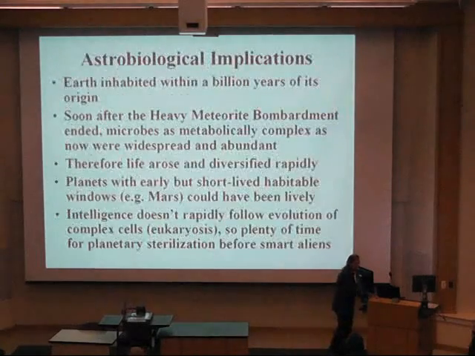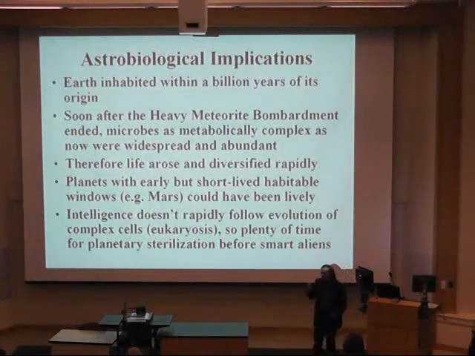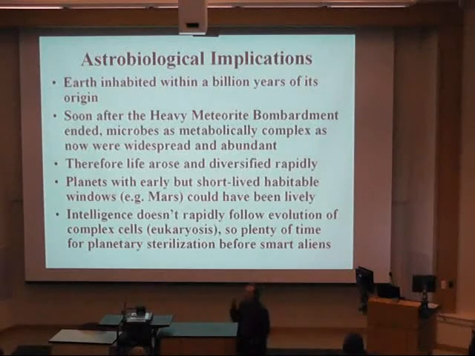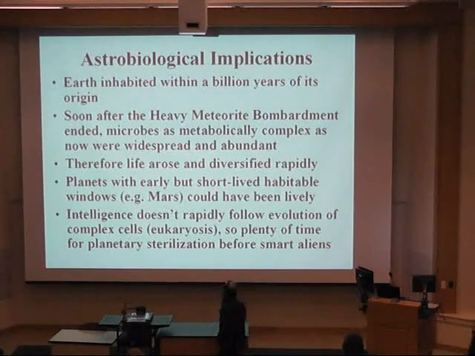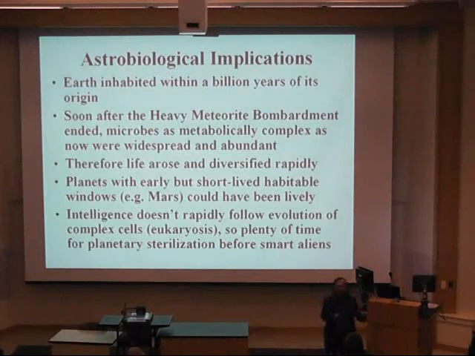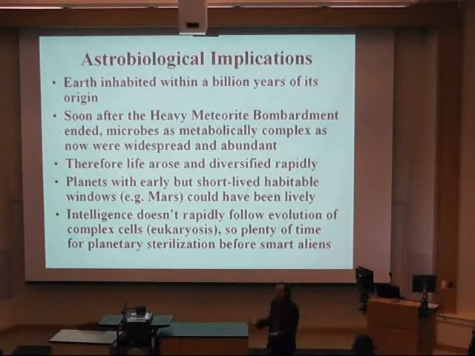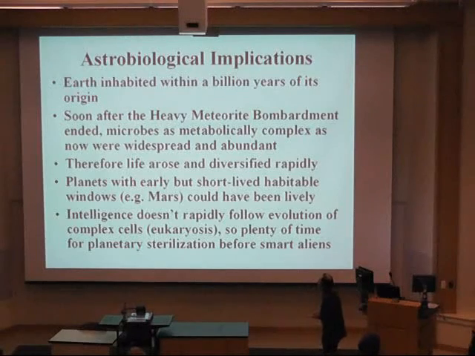So this implies that from the early Earth evidence, it's at least plausible that there were aliens on Mars in the first billion years of its history when there was liquid water. You can get from no life at all on a dead planet to one that's got thriving microbial life in a billion years. The Earth record shows that.